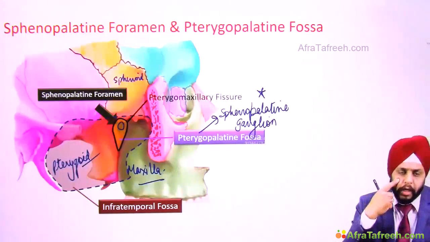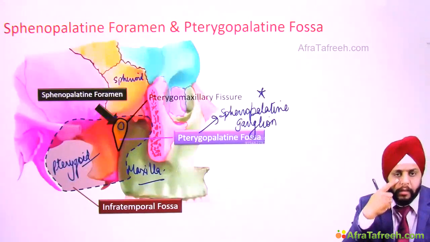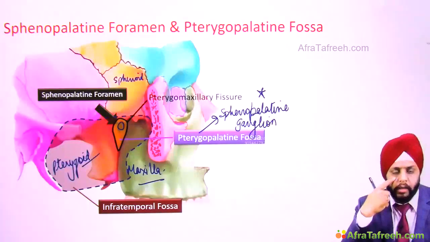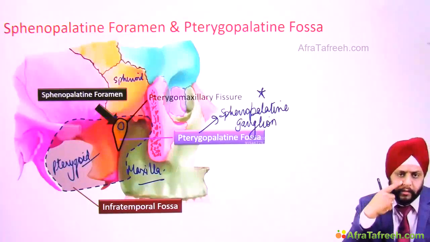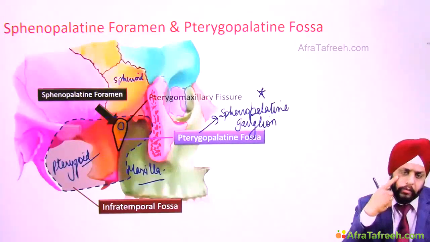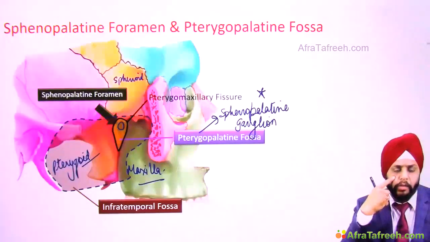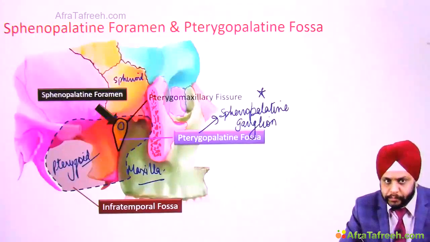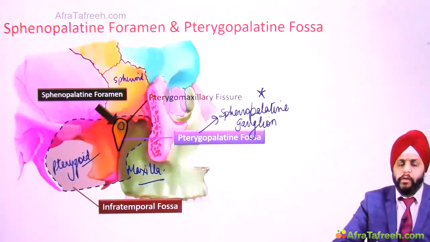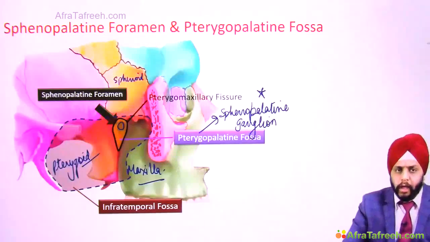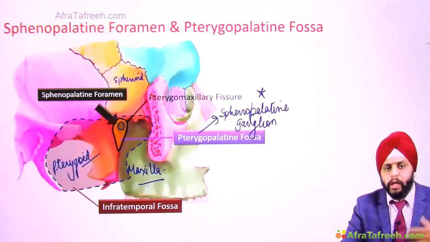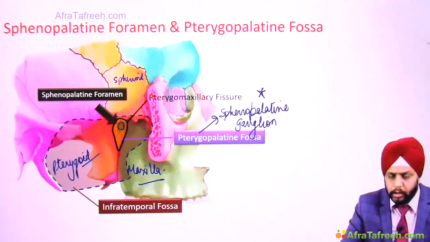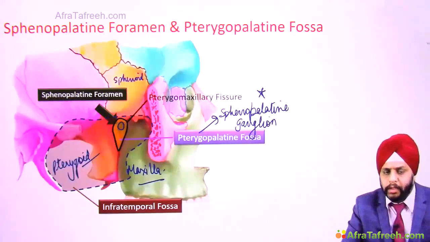So that's over here in the cheek, just medial to this zygomatic arch. So you can see this zygomatic bone, zygomatic process of temporal bone. Now just medial to this, we have the infratemporal fossa. So I just wanted you to get accustomed to this anatomy because we have talked about the sphenopalatine ganglion, the largest peripheral parasympathetic ganglion.